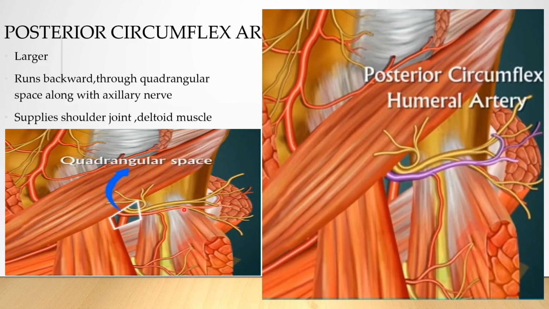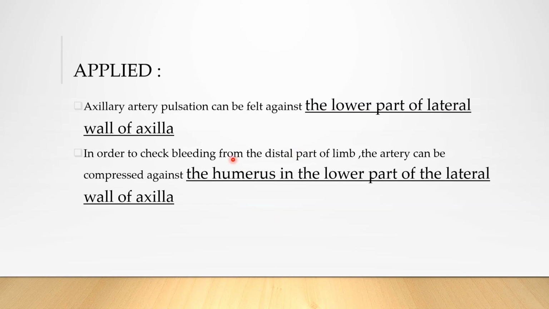Next, coming to some applied aspects. Now coming to the applied aspects of the axillary artery. There are not many applied aspects for this axillary artery, but a few are there which we will discuss now. Clinically, the brachial artery is more important than the axillary artery, but we'll discuss the axillary artery now.